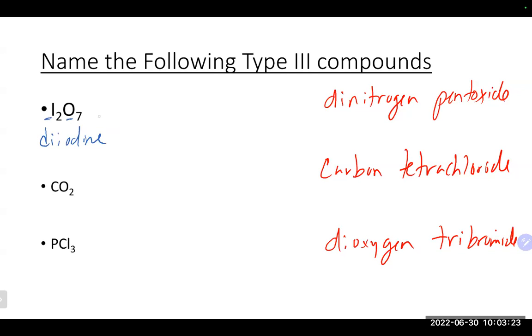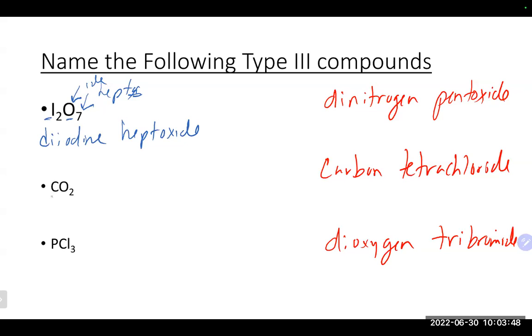This is oxygen, and there's 7, so the prefix for 7 is hepta. And obviously the oxygen now will get the IDE at the end of it. So this is going to be heptoxide. Here we are going to drop the A off of the prefix, so we don't get the A and the O that back up. Any questions on that one there?